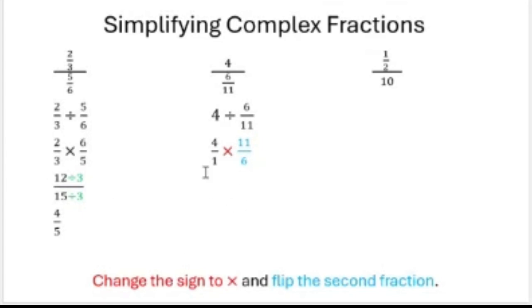Let's look for reducing this time. I see the 4 on the top and the 6 on the bottom that can both be divided by 2. So I cross them out. 4 divided by 2 is 2. 6 divided by 2 is 3. So there's my reducing. And now I multiply the tops. 2 times 11 is 22. And 1 times 3 on the bottom is 3.